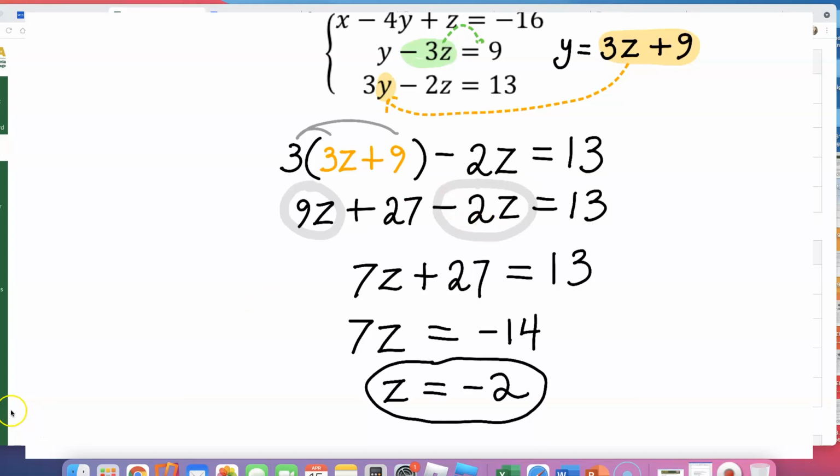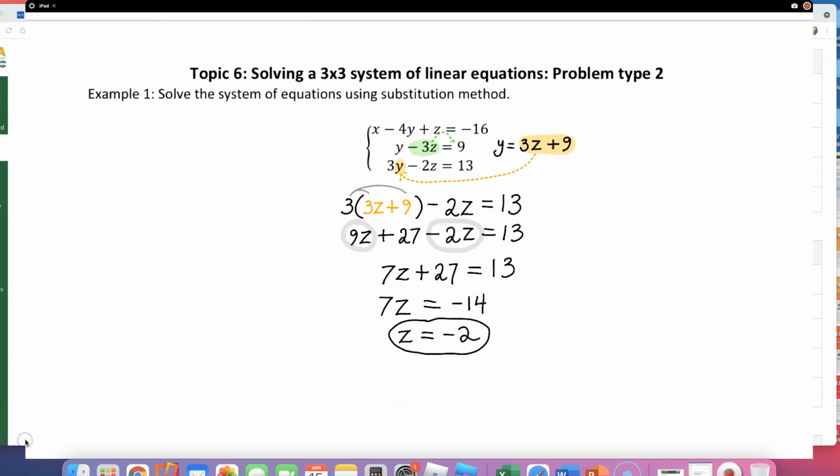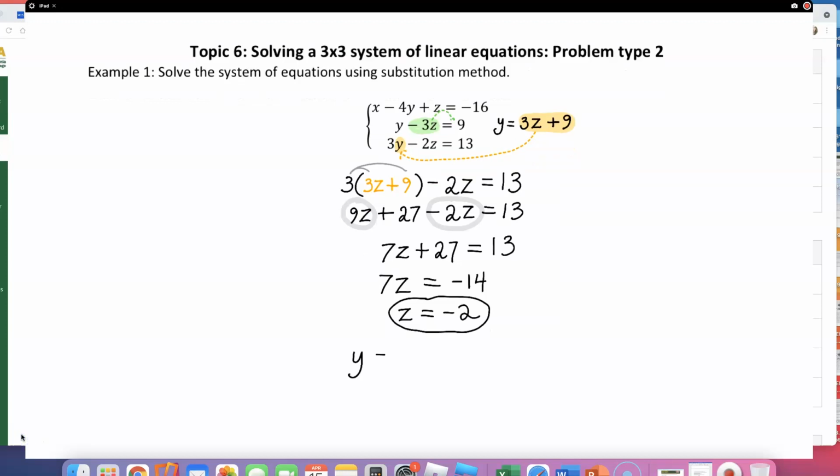Okay, so let's go now and find y. Using y equals 3z plus 9, that very first equation we got from rewriting the second equation, we can find what y is. So let's do the substitution again. y equals 3 times z plus 9, which is negative 6 plus 9.